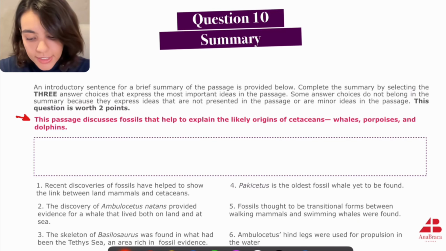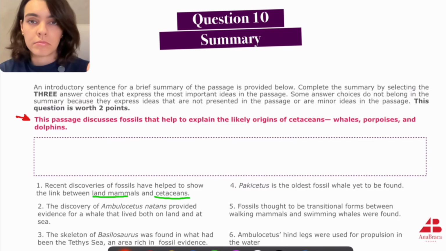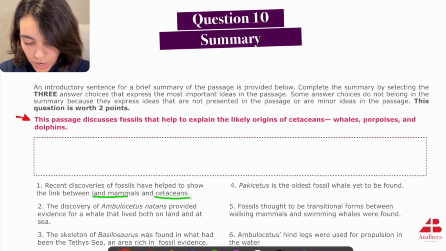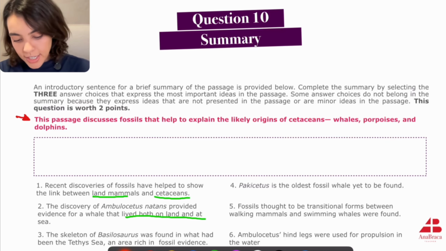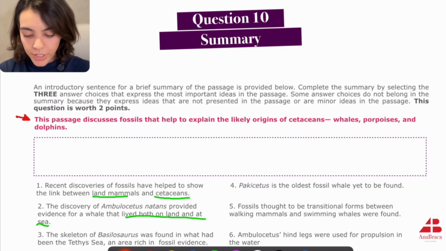1. Recent discoveries of fossils have helped to show the link between land mammals and cetaceans. Okay. 2. The discovery of Ambulocetus natans provided evidence for a whale that lived both on land and at sea. All right, okay. 3.